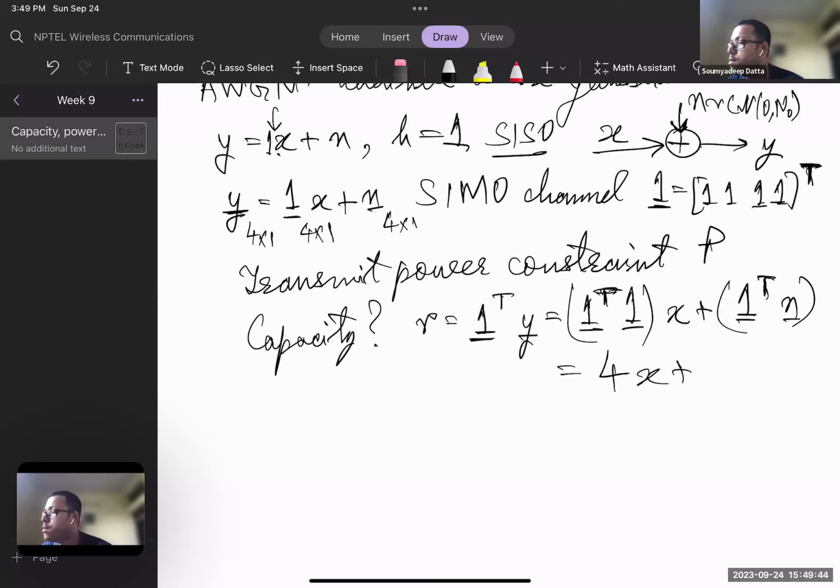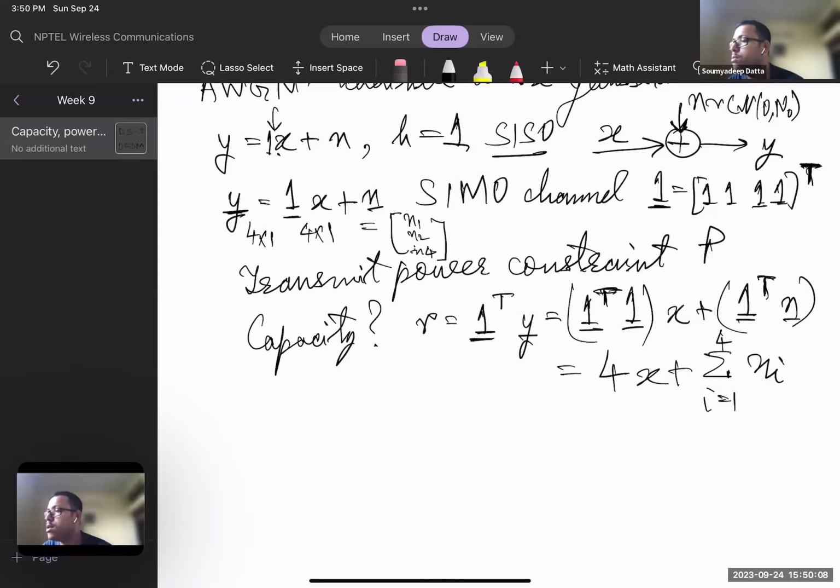So 4X plus the summation over Ni, i equal to 1 to 4. This will give you n1 plus n2 plus n3 plus n4, because your N vector is n1, n2, n3, n4, 4 antennas so 4 noise terms.